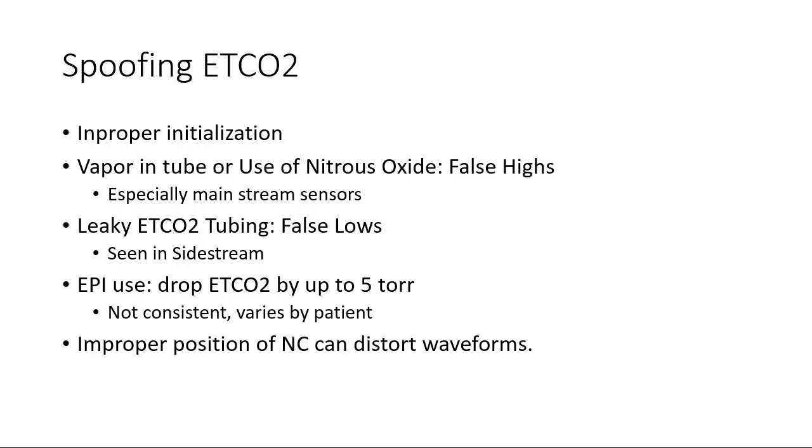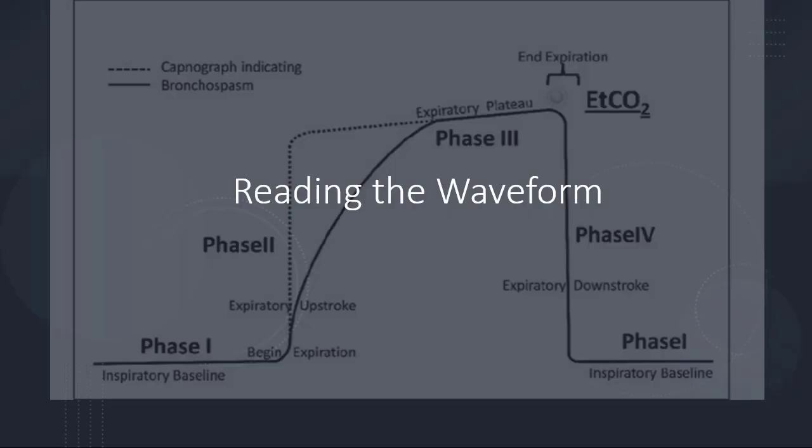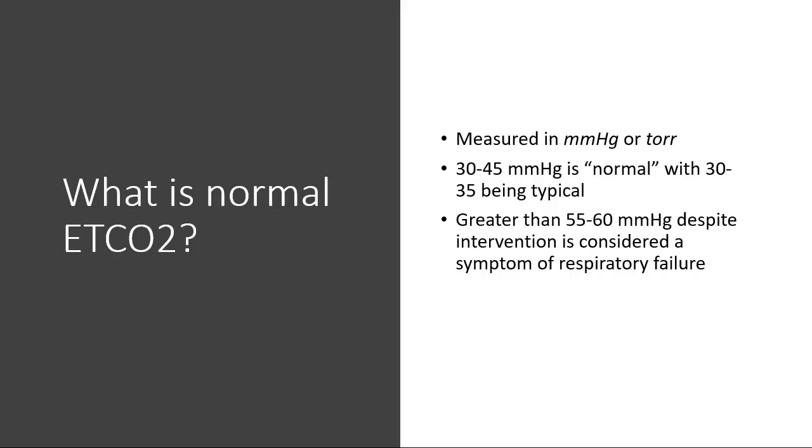And that leads us to reading the waveform. So let's talk about the waveform itself. As we talked about, normal is 30 to 35, measured in millimeters of mercury or torr, most commonly millimeters of mercury.